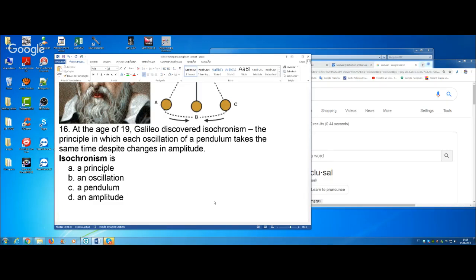The isochronism is the principle. It's right next to it, right? Right, it's amazing. Yay, you got it. This is how it is. Great job.